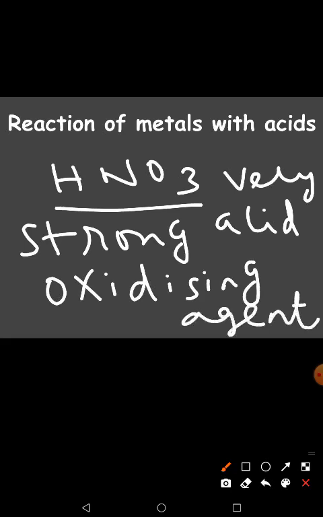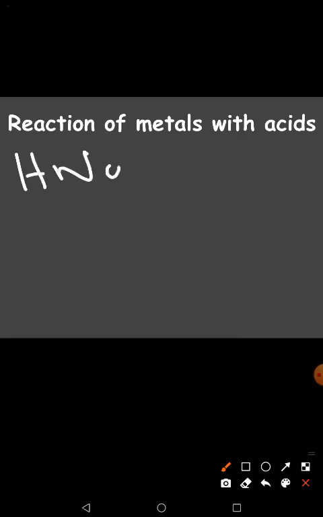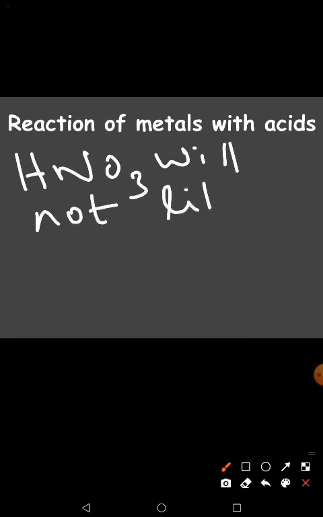So this acid, on its contact with metals, not with all metals, with most of the metals, it will not liberate hydrogen gas. So nitric acid will not liberate hydrogen gas.